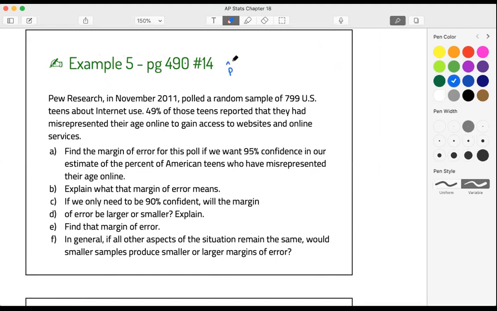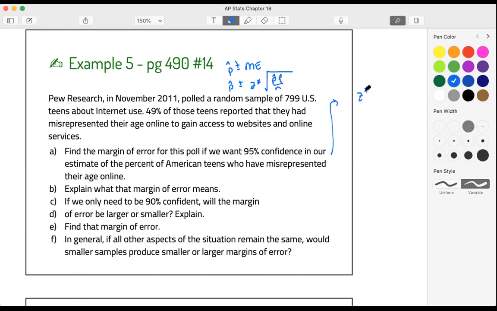The confidence interval is p hat plus or minus the margin of error, which translates to p hat plus or minus Z star times the square root of p hat q hat over n. For part A, it wants us to calculate the margin of error, which is just the side of the plus or minus.